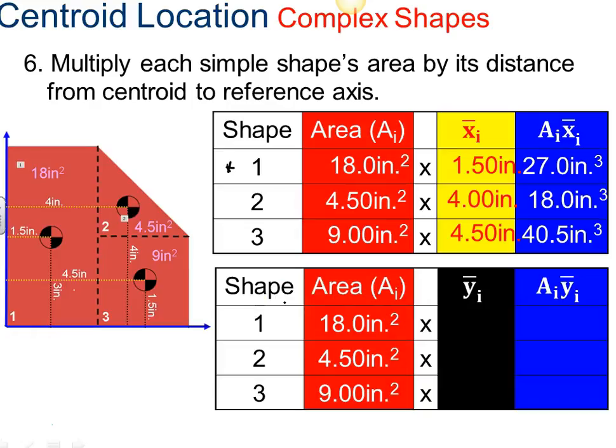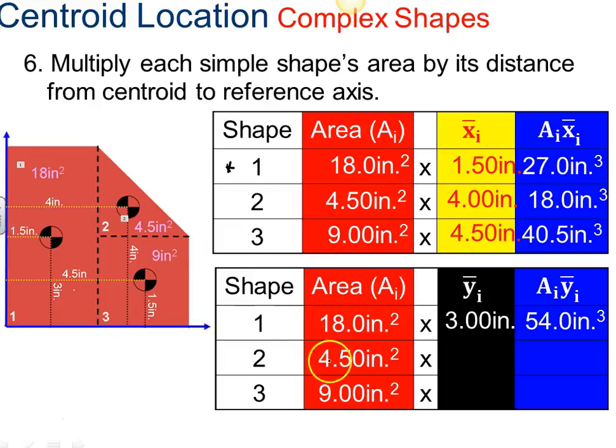We repeat this for the y, taking the same areas, but multiplying by our distance along the y. So for shape number 1, we've got 3 inches. 18 times 3, 54 inches cubed. We've got 4.5 inches squared here for, let's see, for shape number 2, this says 4 inches.